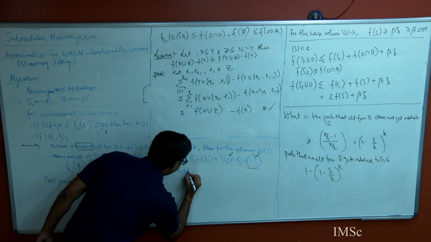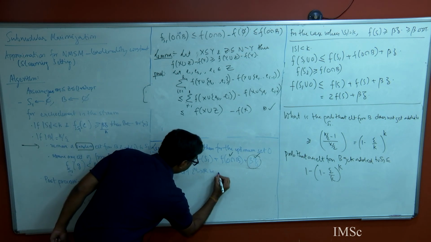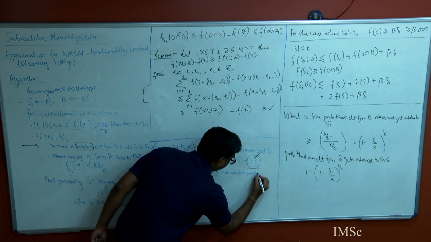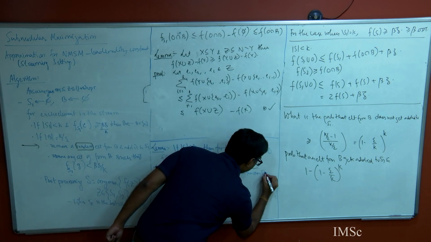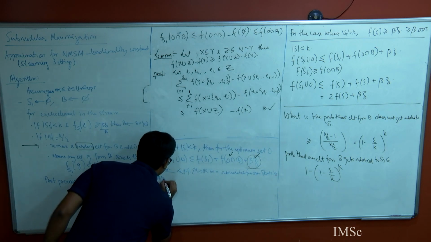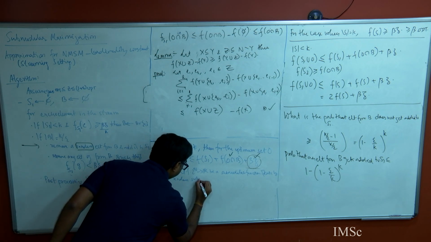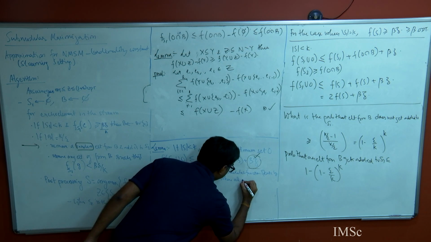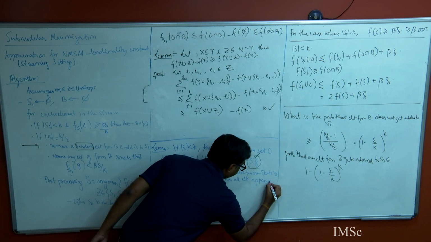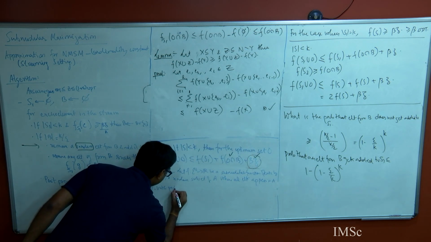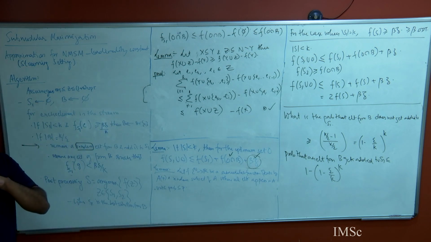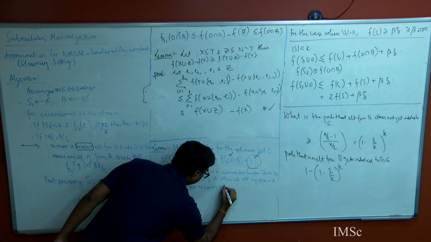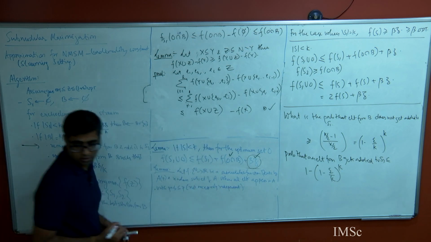Let f be a submodular function. Denote by AP a random subset of A where all elements appear in A with probability at most P, not necessarily independent.